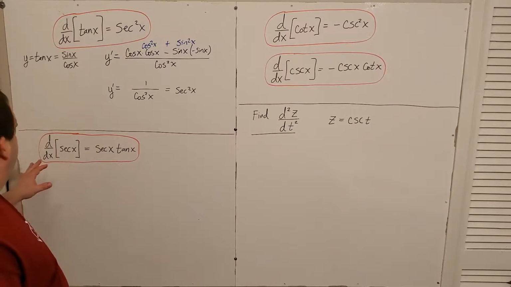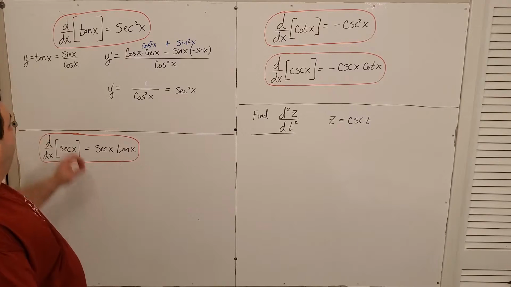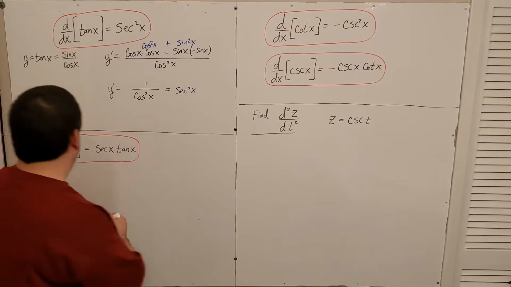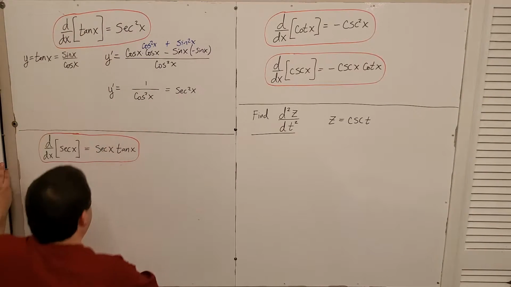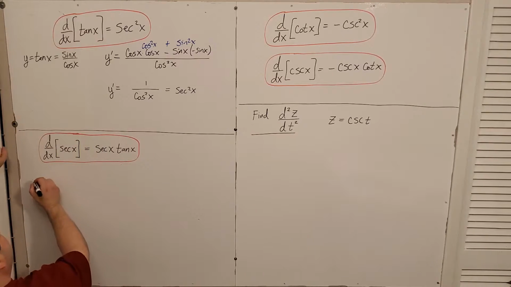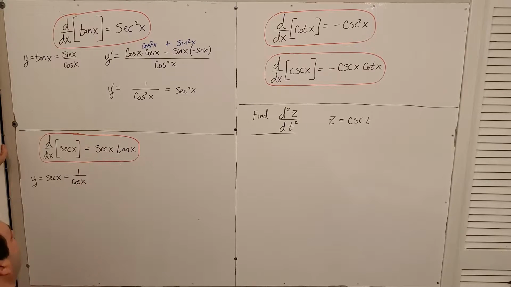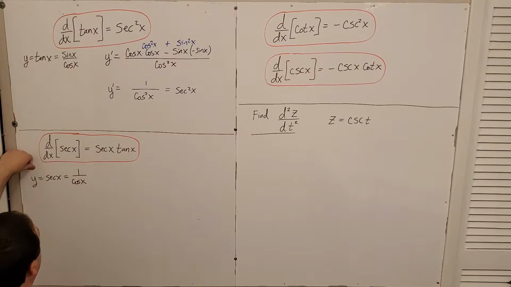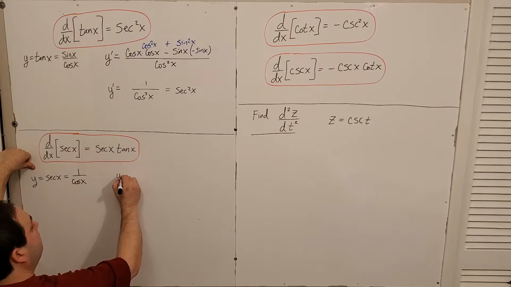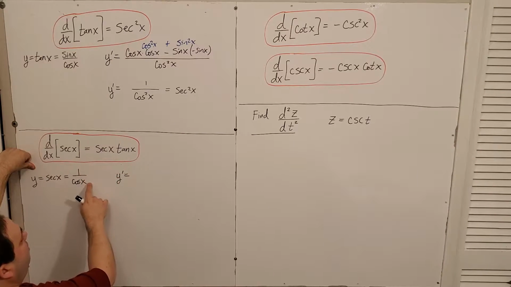All right, so here, to show this derivative, I'll do something very similar. Secant is equal to 1 over cosine. So if I do y equals secant, that's 1 over cosine x, right? To do my derivative, y prime, again, I'll do a quotient rule.